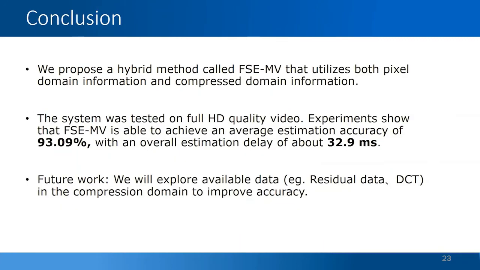This is the conclusion. We propose a hybrid method called FSE-MV that utilizes both pixel domain information and compressed domain information. FSE-MV is able to achieve an accuracy of 93%, with an overall estimation delay of about 32 milliseconds.